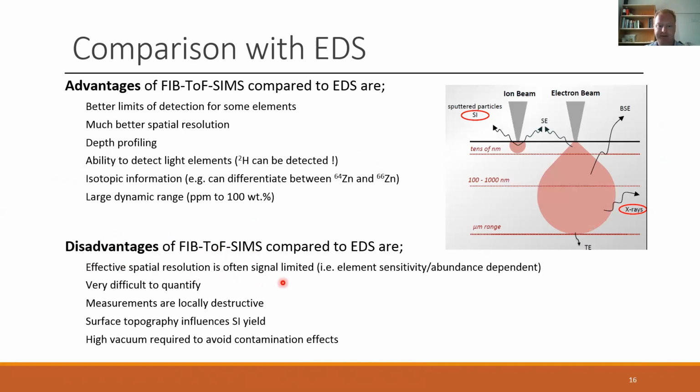But the disadvantages are important to take into account. The spatial resolution is signal limited. If you're looking at something such as sodium, your spatial resolution is going to be great. If you're looking at something such as gold, which is hard to ionize, your spatial resolution is going to be signal limited. It is much more difficult to quantify than techniques such as EDS, mostly because of matrix effects.